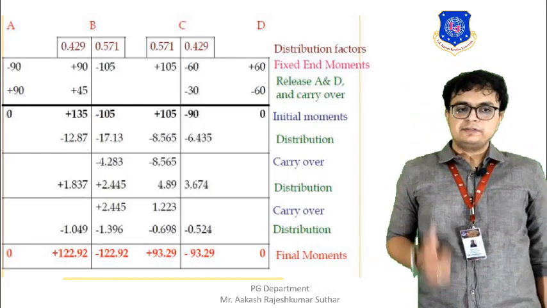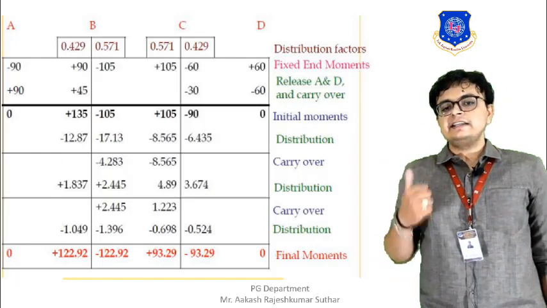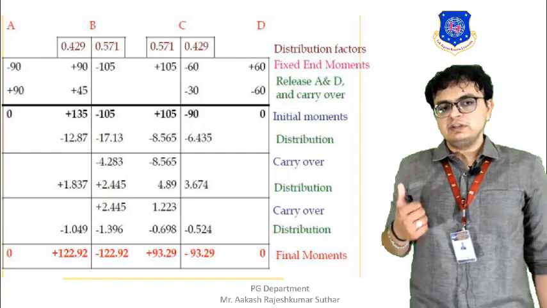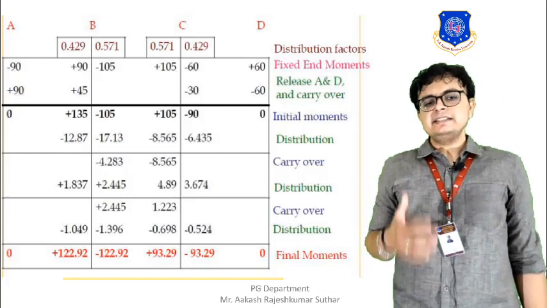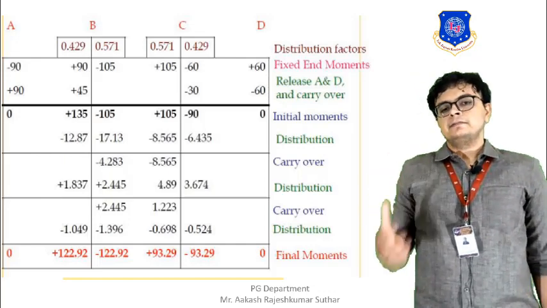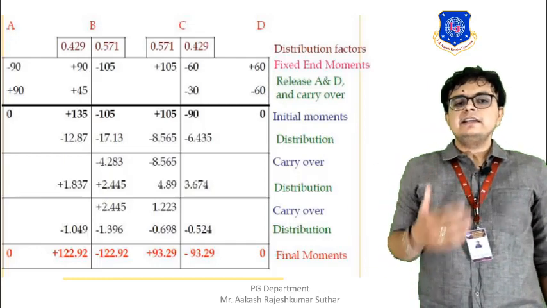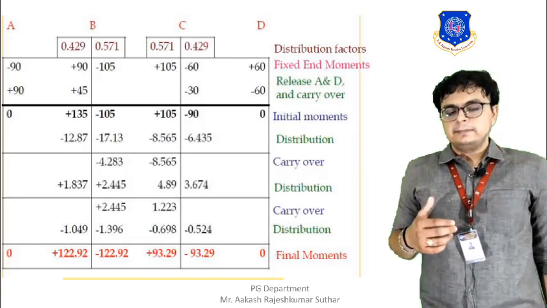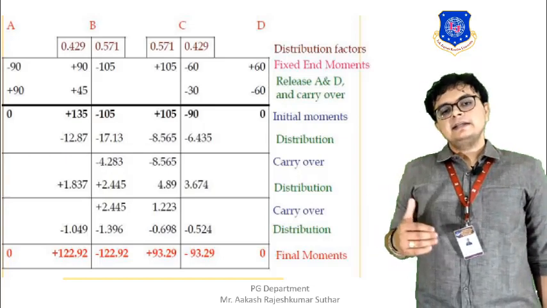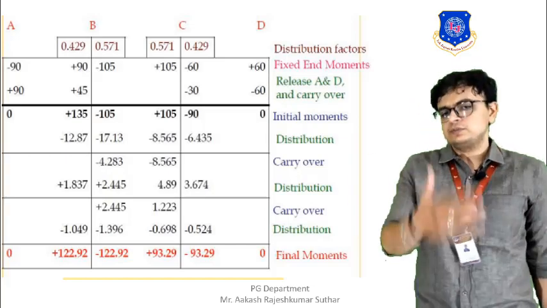After that, we have to release A and D and carry over. After releasing A and D and carrying over, finally we will get the moment as plus 90 at A, plus 45 at B, minus 30 at C, that is half of 60, and 60, which is fully transferred.